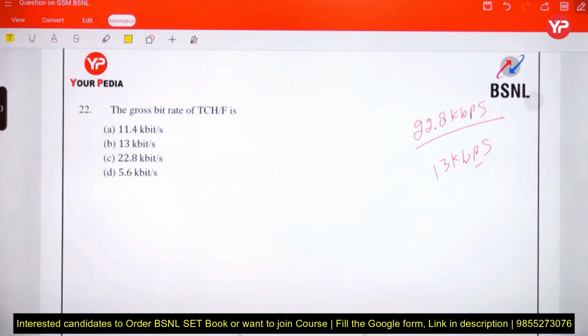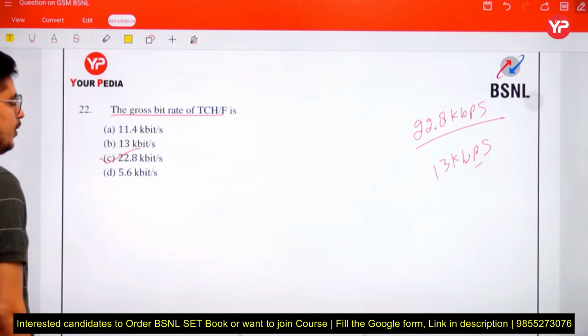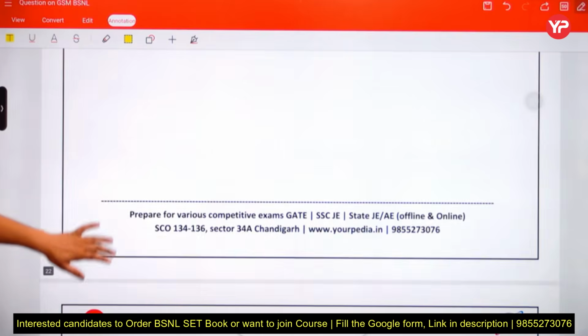At this rate the speech signal is coming, but after channel coding we are getting a rate of 22.8 kbps. So a gross bit rate of 22.8 kbps will be achieved by the TCH full rate.